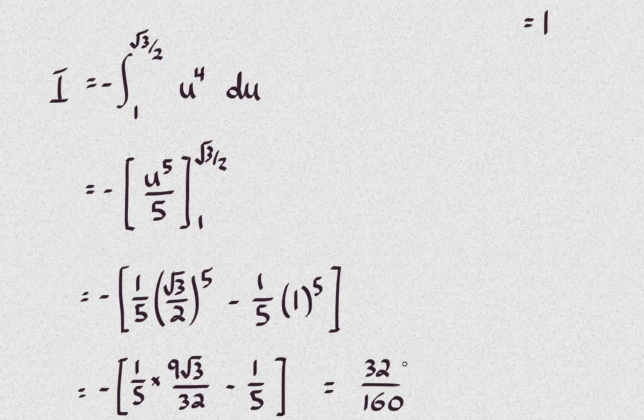So I'll write this 32 on 160 first, and then we simply take away this 9 root 3 over 160. But it's all one fraction. Putting it in the middle looks a bit nicer, and there we go. That's the exact value solution to our second example. Great work.